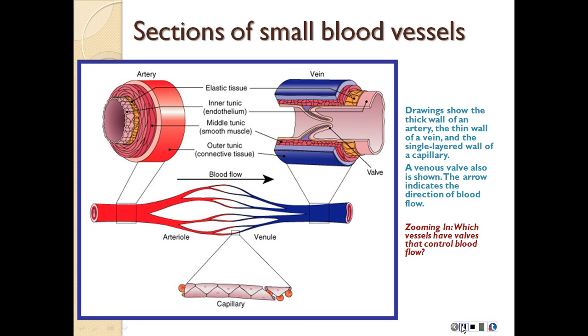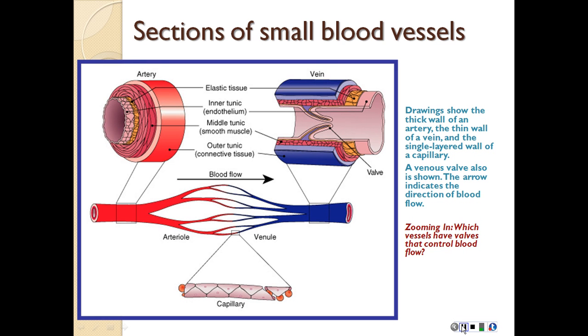The outer layer is connective tissue. You have the middle layer, which is where the smooth muscle is. So remember, blood vessels have a muscular layer, and that is smooth muscle. And then the inner endothelium, you can see there. In the picture here, you have the arterioles meeting up with the capillaries. So these are capillaries, and then the venules carrying that blood away from the tissues.